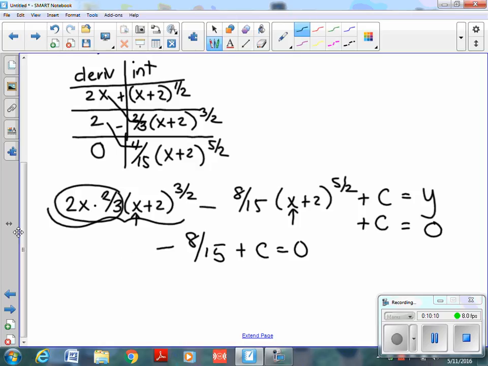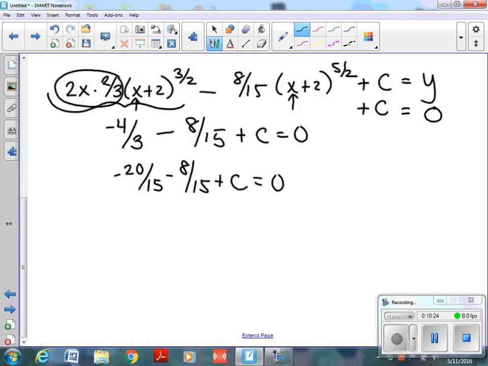One more time here. This was a negative 4/3. I'm going to show my work down here. Multiply. Now it's a negative 20/15 minus a negative 8/15 plus c equals 0, which makes a negative 28/15 plus c equals 0. So c must equal 28/15.